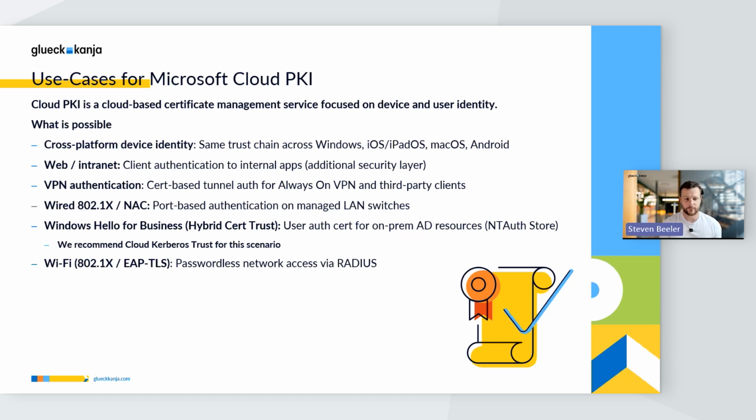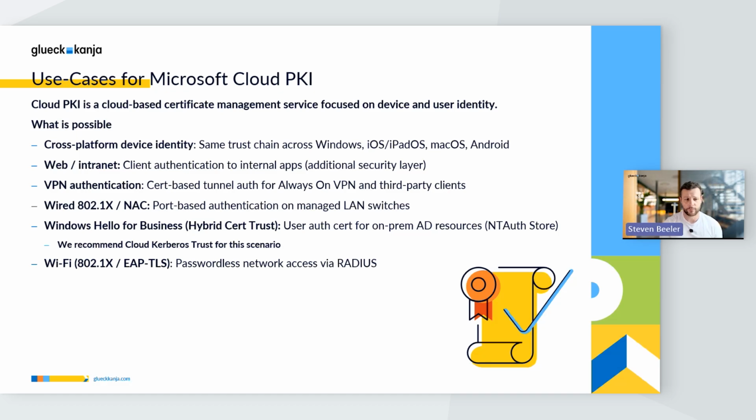And you can use it, for instance, for client authentication, also in your internal apps. So to check your client certificate and like that, authenticate to those apps. You can also use it as VPN authentication. Also here, you use the certificate to authenticate against your always-on VPN or also third-party clients. So your user doesn't have to type in their credentials every time.